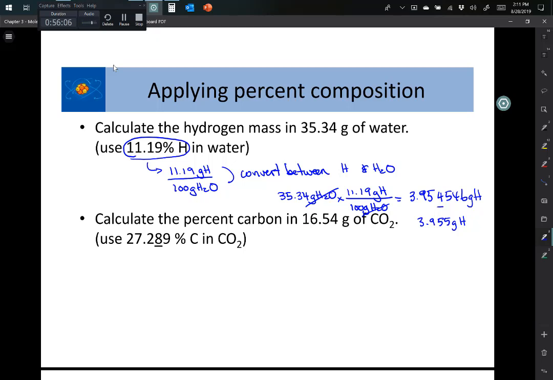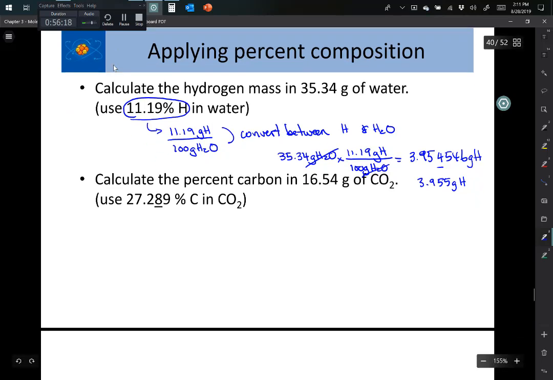Okay. So you guys do the calculation of the percent of carbon in 16.54 grams of carbon dioxide. I'll write it out, and you write it out and calculate it and see if we get the same thing.